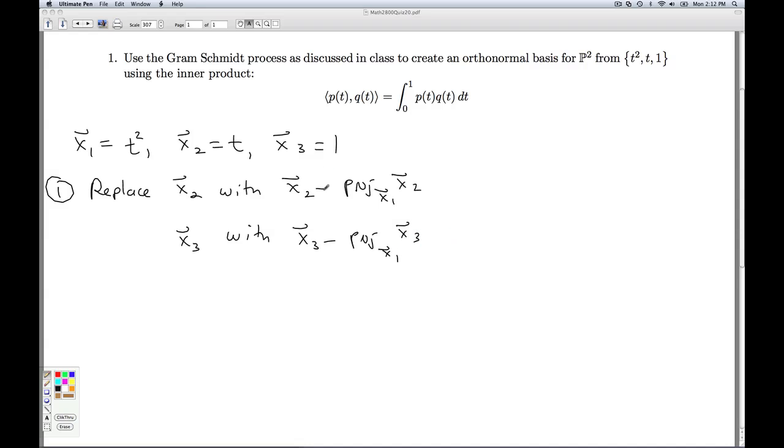These two new vectors will now be orthogonal to x1. So how do I go about doing that? Well, I need the inner product of x2 with x1, x3 with x1, and x1 with x1. So, let's do that.